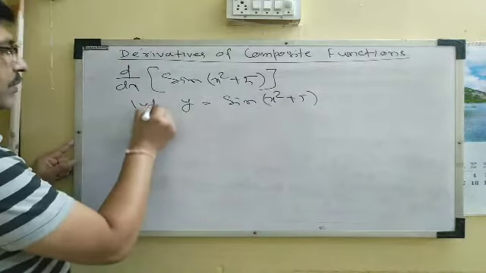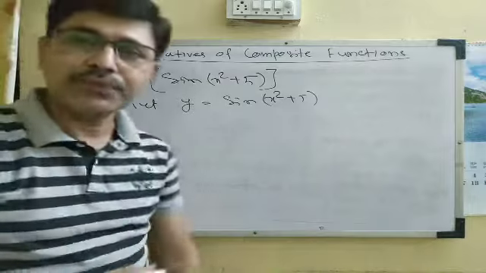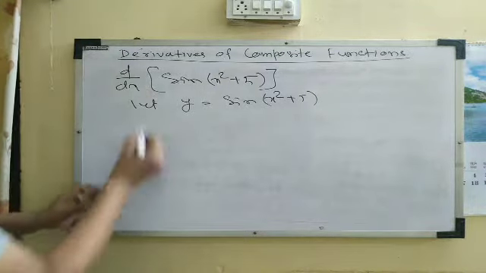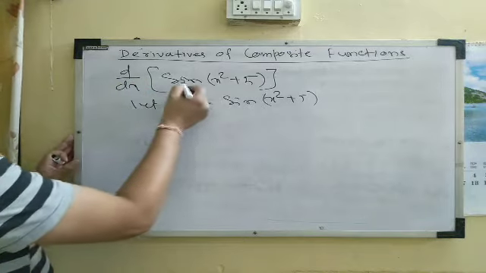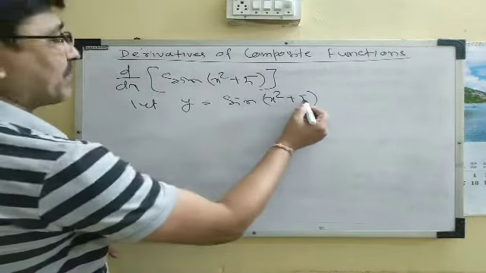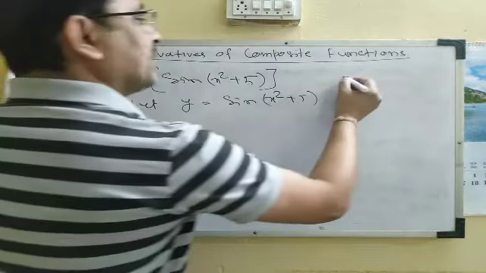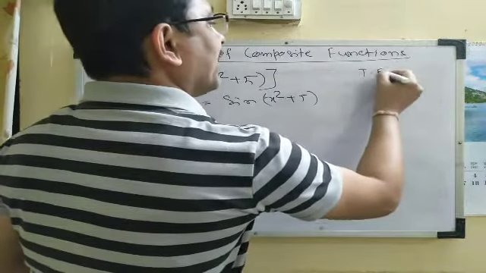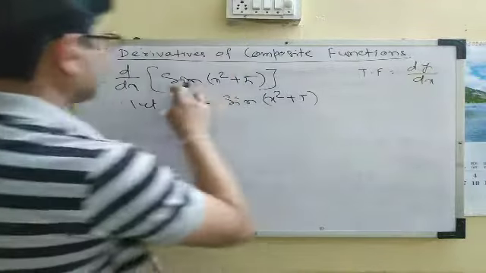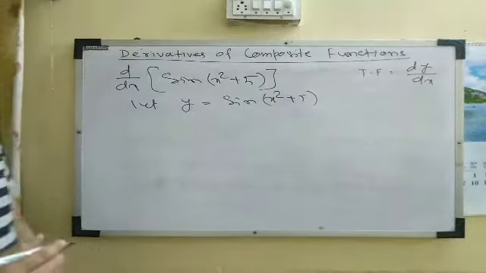So our aim is to find dy by dx, as y is equal to sine of x square plus 5.